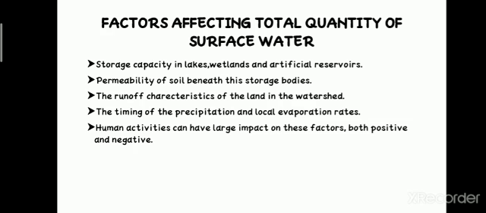These are the reservoirs, their storage capacity, the soil beneath these storage bodies and the permeability of that soil, the runoff characteristics of this particular land, then the timing of precipitation and the evaporation rate in that particular area. These are some of the factors that affect the total amount of surface water.